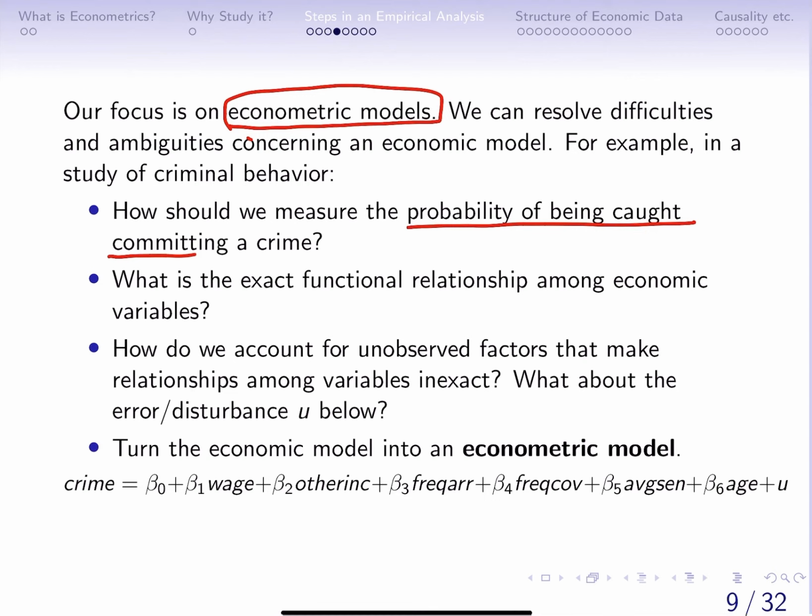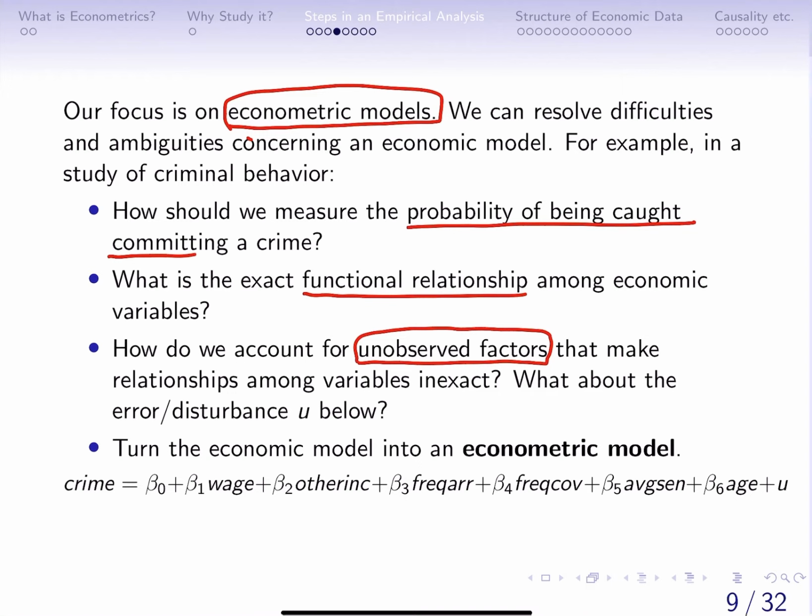So if the probability of being caught is really high, then you might not spend that much time on an illegal activity. Or maybe that really depends on the rewards or the benefits of participating in illegal activities. Similarly, like I said before, we don't really know the functional relationship between economic variables. So how do we think about that? And also, how do we control for unobserved factors that make the relationship between variables inaccurate or inexact?